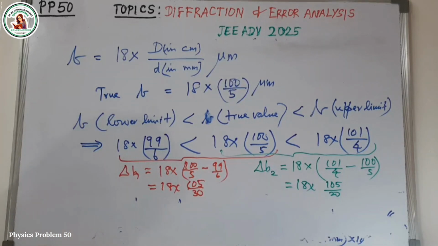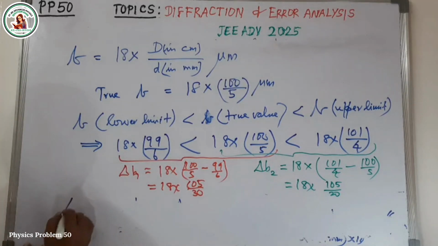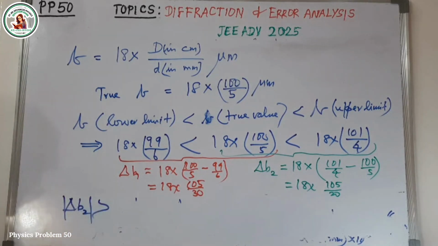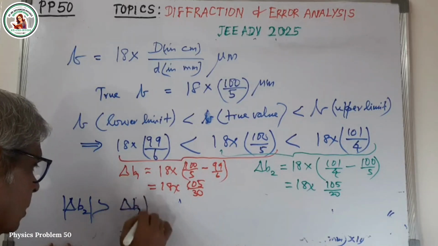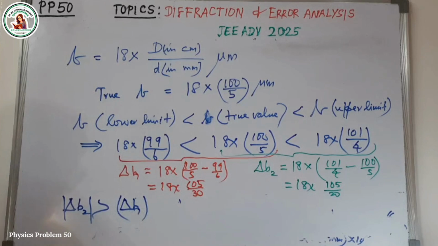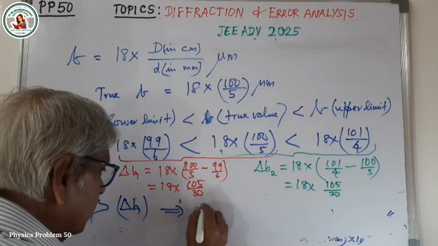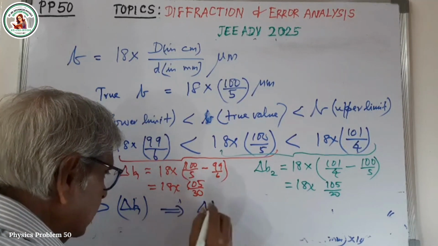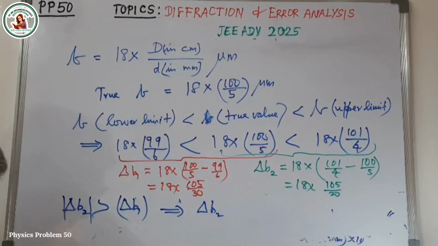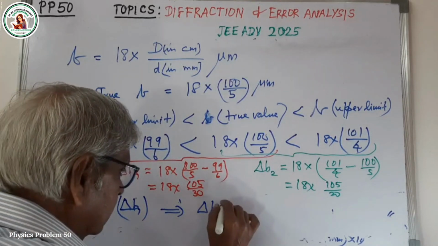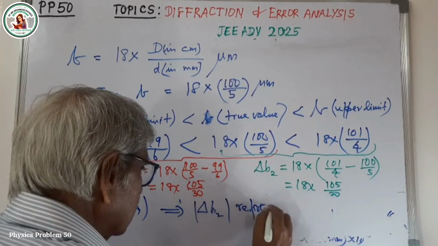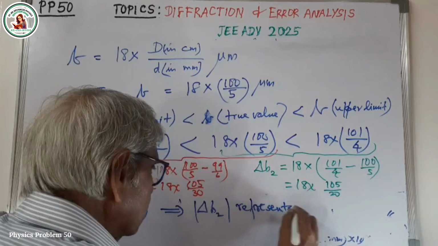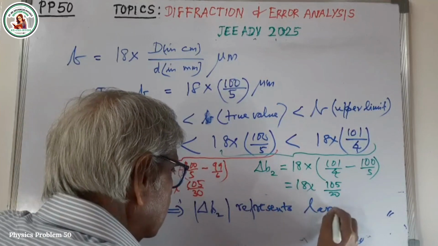This implies delta B2 is the required error. Delta B2 represents the larger variation.